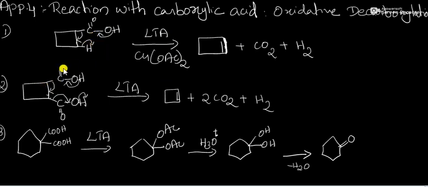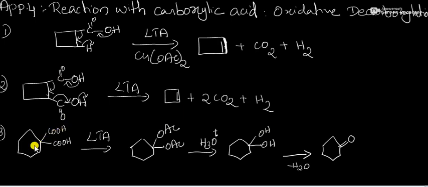And in the case of dicarboxylic acids, LTA reacts with the dicarboxylic acids and again converts them into alkenes by the elimination of 2 moles of carbon dioxide and 1 mole of hydrogen.